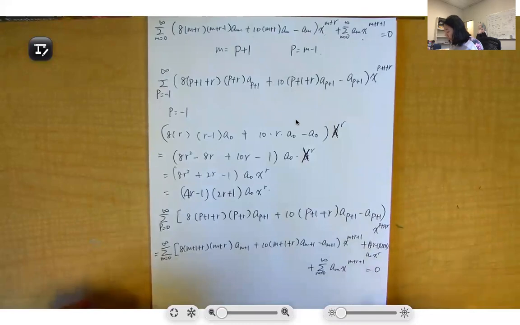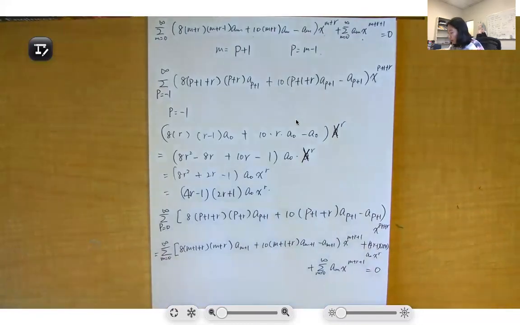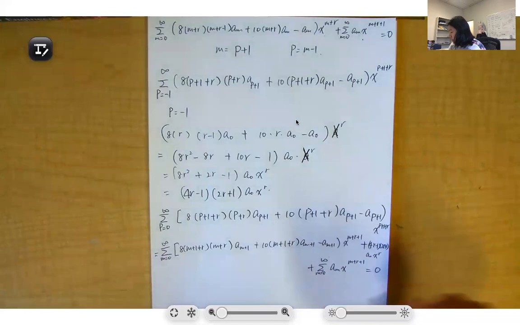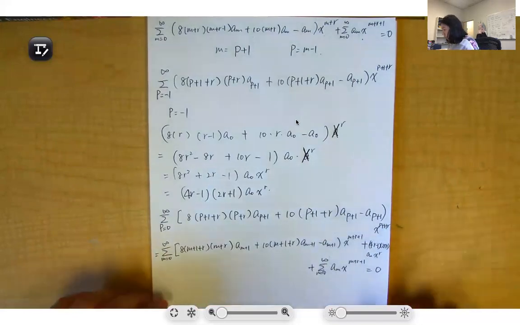Then we basically need to see what kind of m and r and a coefficients can make these equations equal to 0, right?